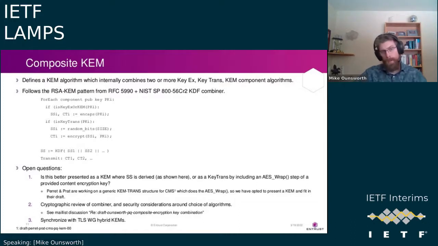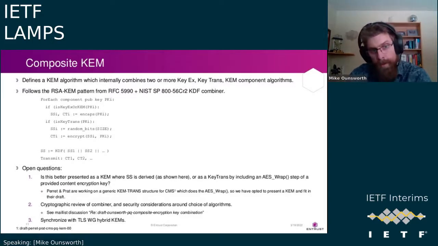And we're doing the obvious thing here. We presented an encryption draft a few months ago where we had 3 different variants and there was good public discussion on that. So we've chosen one to move forward with and wrap it into a KEM type shape. And this is using the NIST 800-56C R2 KDF combiner.